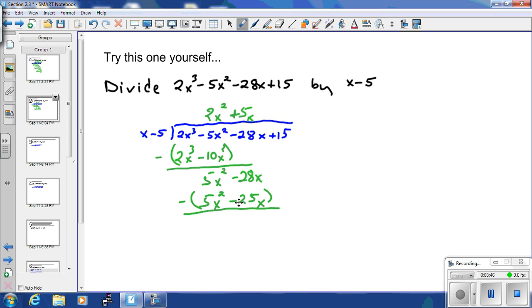This becomes positive 25x, so I get minus 3x. Bring down the plus 15. One more time, x times negative 3. Negative 3 times x minus 5 is going to give me negative 3x plus 15. You notice that's the same thing, so when I subtract it, both of those cancel out. I have 0 remainder, and this is what I get when I divide.